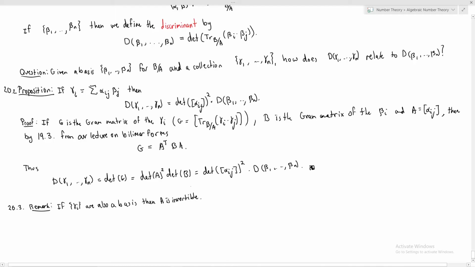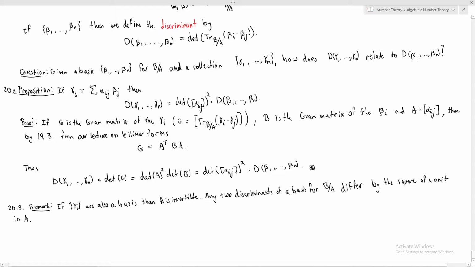Okay. So what do we see out of this? We see that any two discriminants of a basis for B over A differ by the square of a unit in A. Okay.